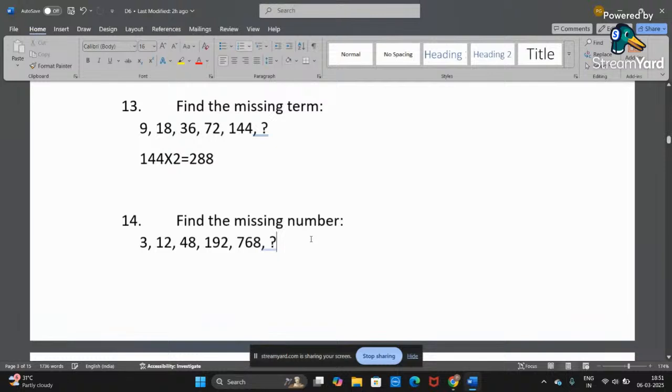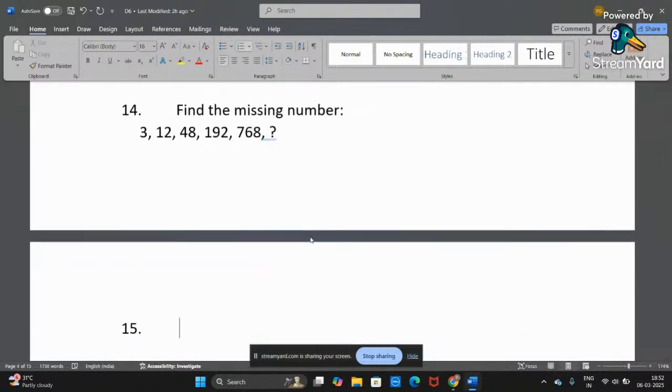So we can easily tell that each number is multiplied by 4. To find the missing term, you have to multiply the last number with the logic. What is the logic here? They have multiplied each number with 4. So this also you have to multiply with 4, so your answer will be 3072.